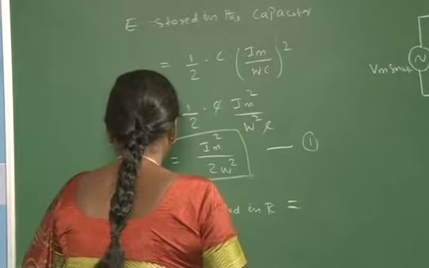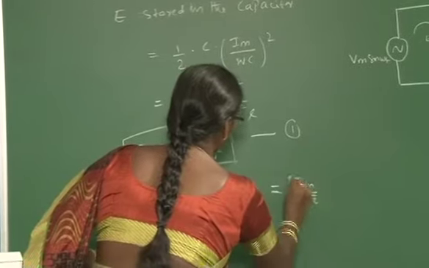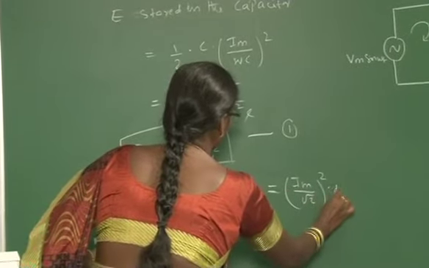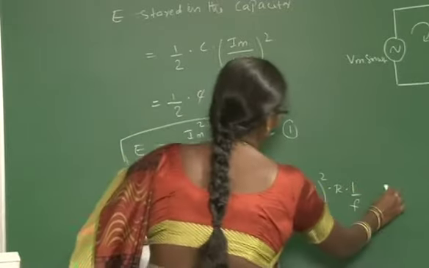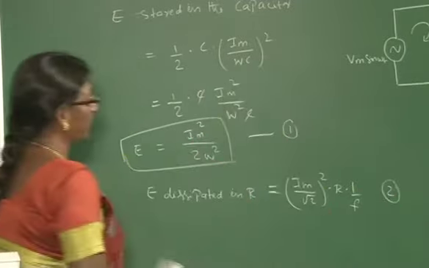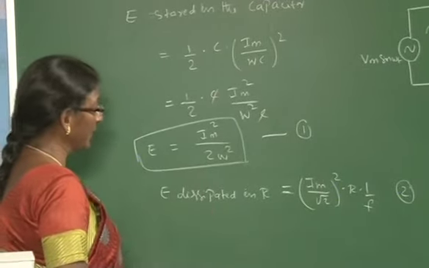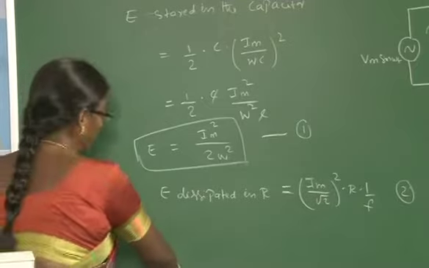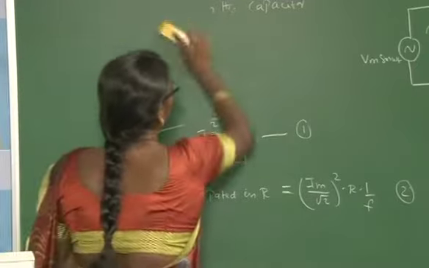Okay, so (Im by root 2) whole square into R into 1 by F. Okay, this is the equation for what is the energy dissipated in the resistor. So these two equations I am going to substitute in the equation for what is the quality factor.